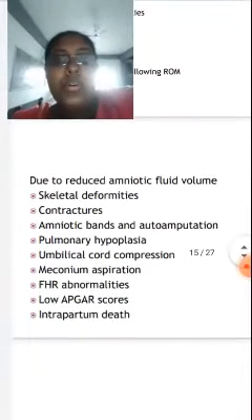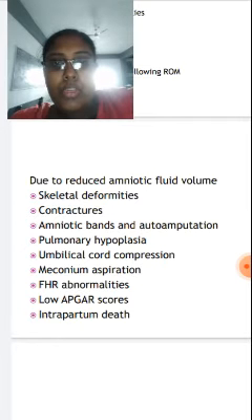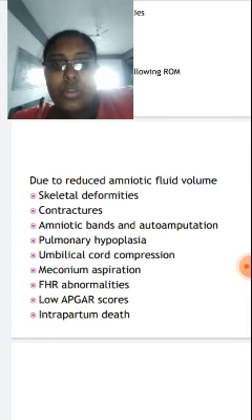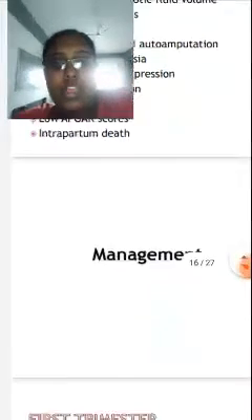Due to reduced amniotic fluid volume, there is a chance of skeletal deformities, contractures, amniotic band and accumulation, then pulmonary hypoplasia, umbilical cord compression, meconium aspiration, fetal heart rate abnormalities, low Apgar score, and intrapartum death can also be identified.